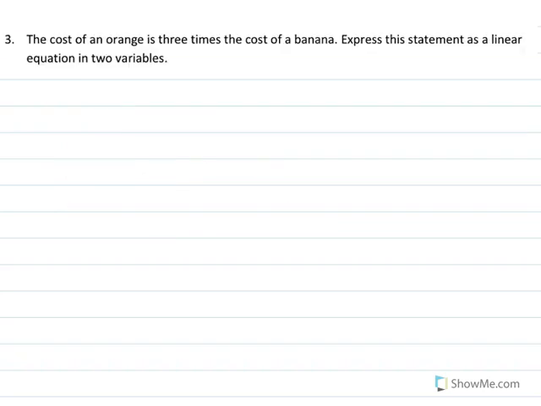Now here it's given the cost of an orange is 3 times the cost of a banana. Express this statement as a linear equation in 2 variables. So let's write it again. Cost of orange is 3 times cost of banana.